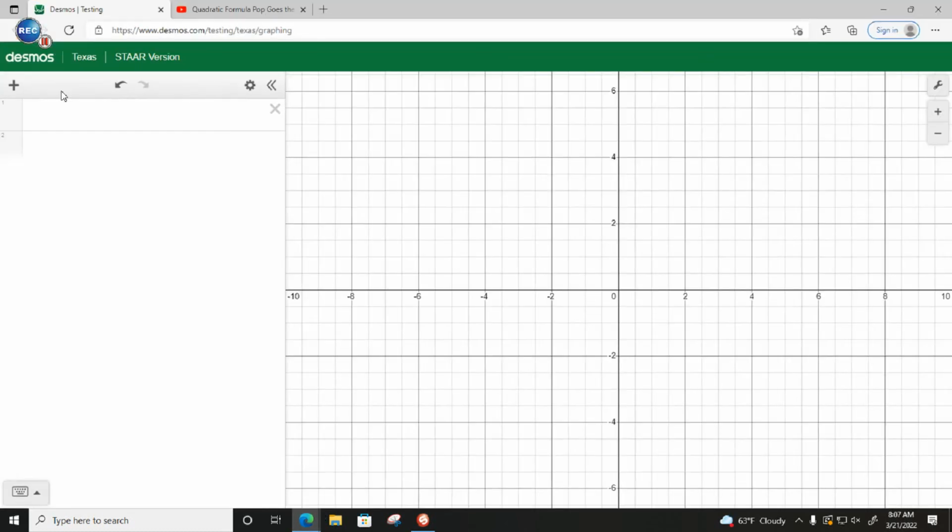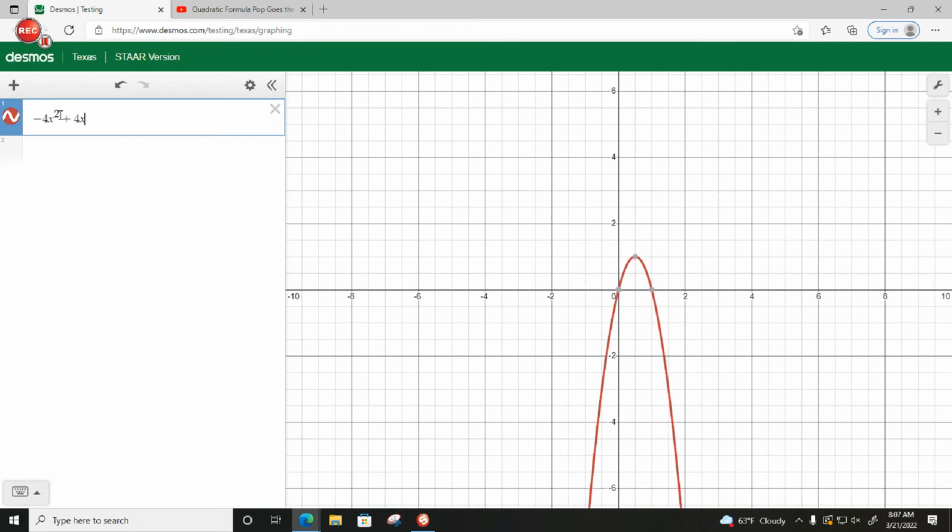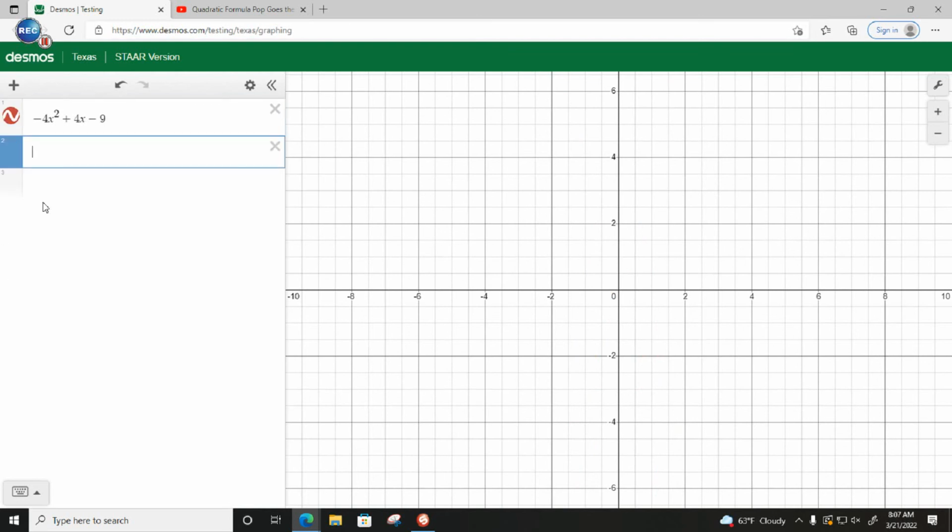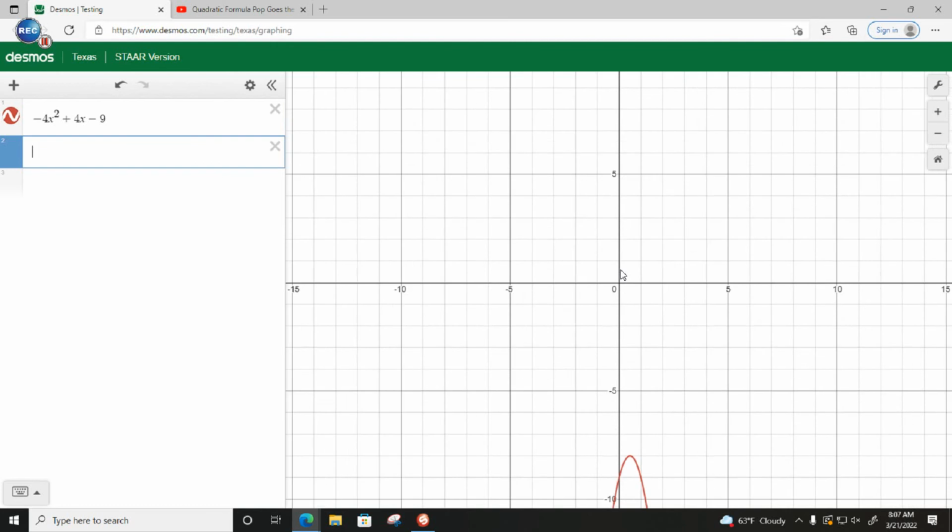So it's negative 4x squared plus 4x minus 9. Did I do that right? Oh, it's not negative 4x, sorry.